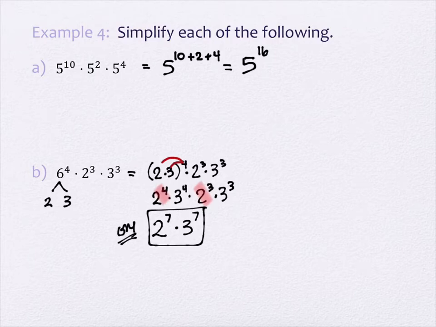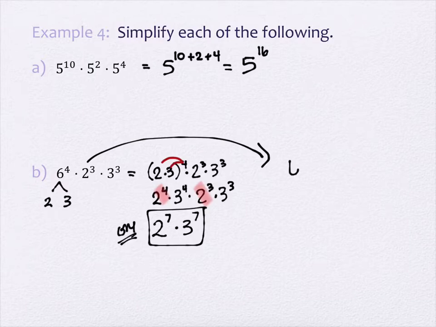Okay, one answer. Let me show you another way to do the problem that's a little different, that gives you an equally good answer. Instead of breaking the 6 apart, what we could do is recognize that the 2 and the 3 after the 6 both have the same exponent, the 3. So instead of distributing, like we did with our power 4, we could undistribute. It's called factoring.